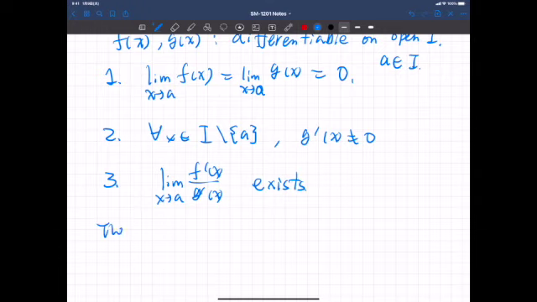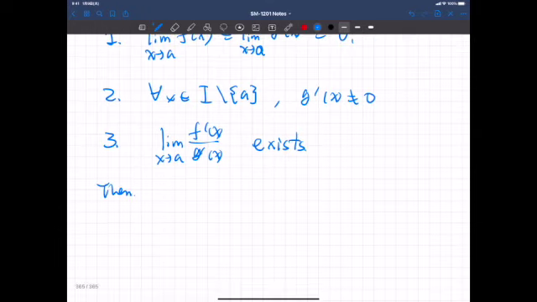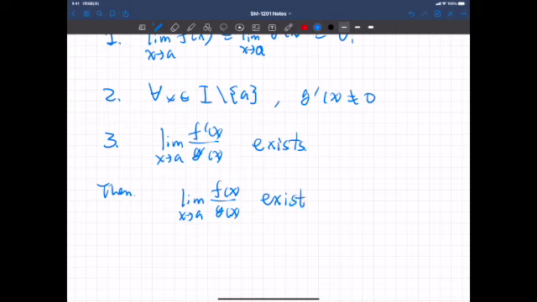Then the limit of f over g when x approaches a exists, and the limit is equal to the limit of f prime over g prime.